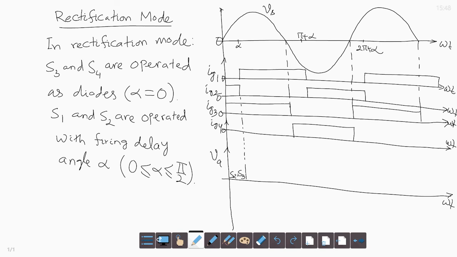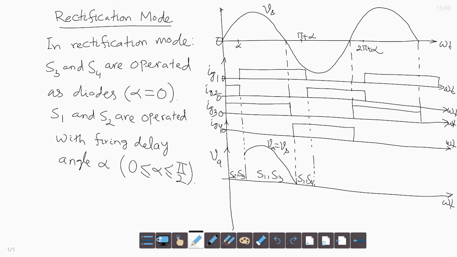From alpha to pi, switches S1 and S3 conduct, so VA equals the supply voltage Vs. From pi to pi plus alpha, S1 and S4 conduct, freewheeling action takes place, and the output voltage is 0.